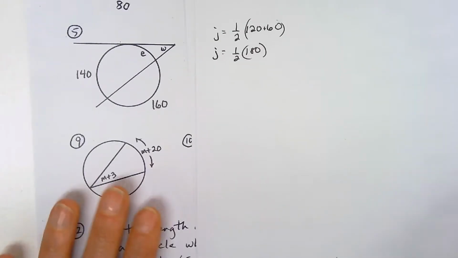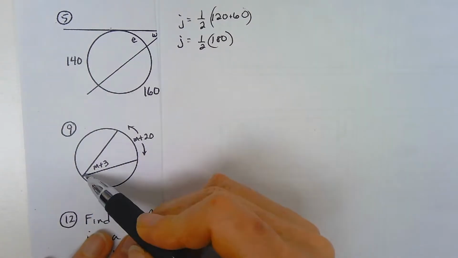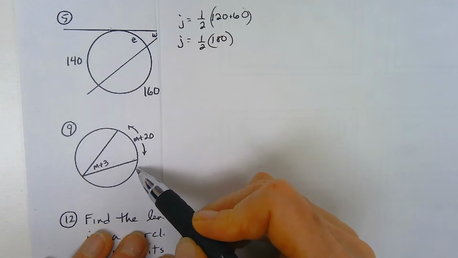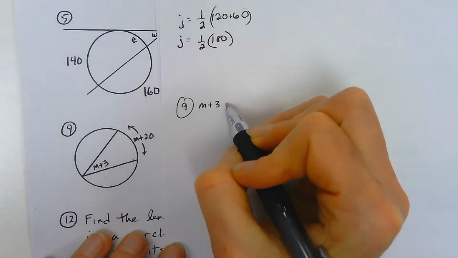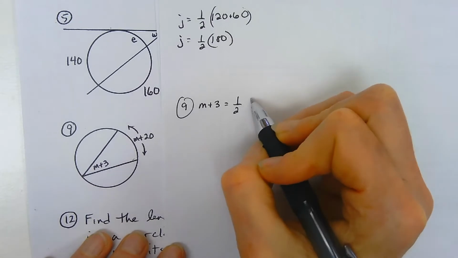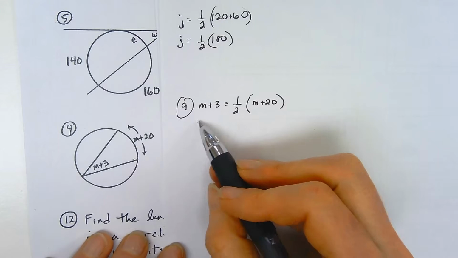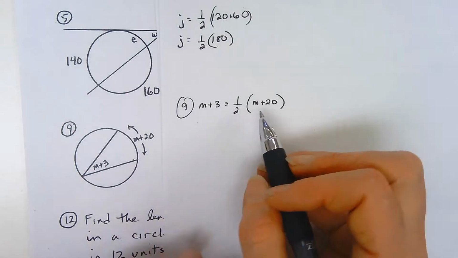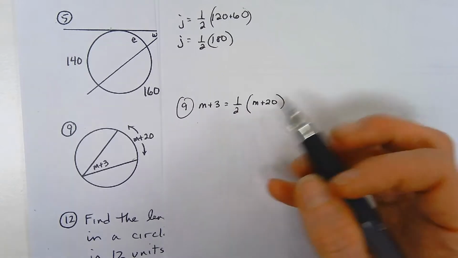Number 9. Inscribed angle here is half the measure of the arc here. So for number 9, m plus 3 is equal to half of its inscribed arc, which is m plus 20. M plus 3 is equal to half m plus 20. One equation, one unknown, we can solve.